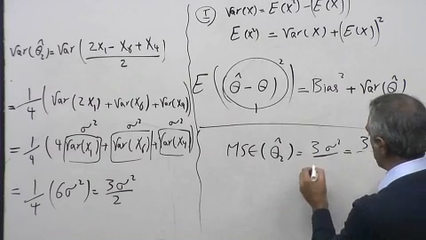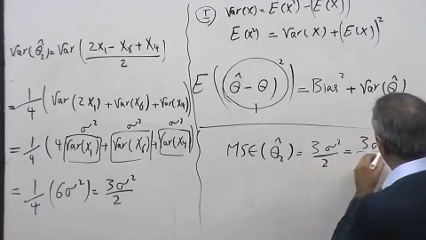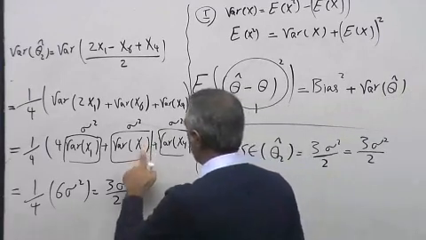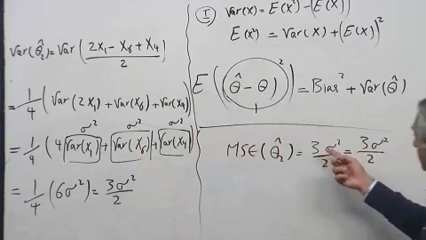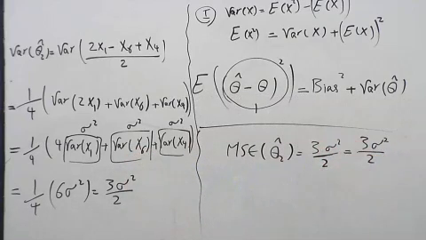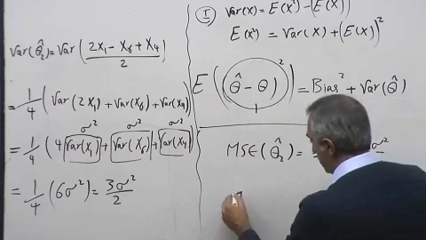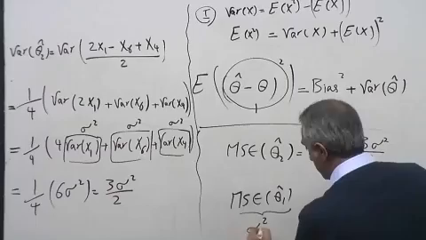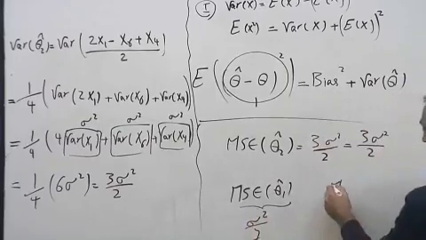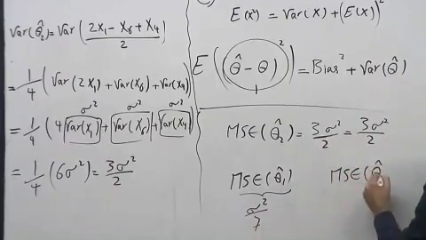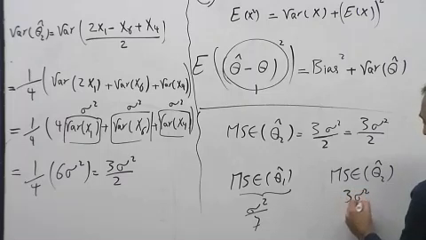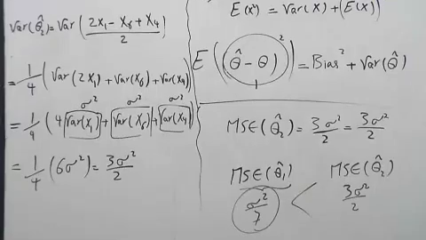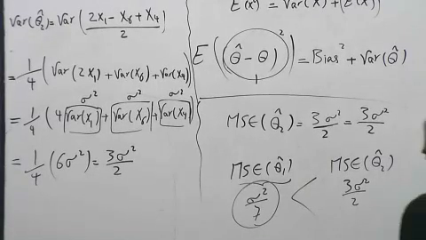I messed it up. This is 2. I solved it specifically, I didn't solve it generally. So it's 3 sigma squared divided by 2, and the other one is sigma squared divided by 7. So the MSE of theta hat 1 is sigma squared divided by 7. The MSE of theta hat 2 is 3 sigma squared divided by 2. Definitely, this one is smaller. Therefore, the first one is more efficient.